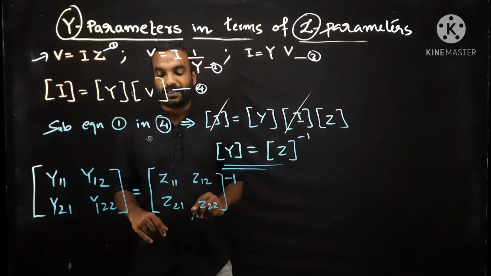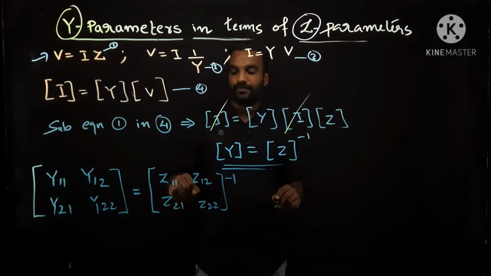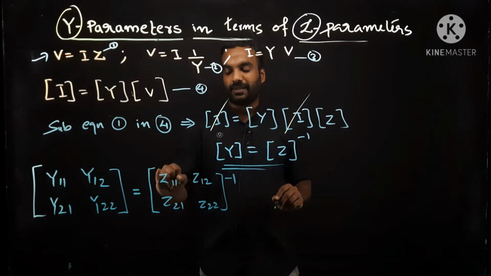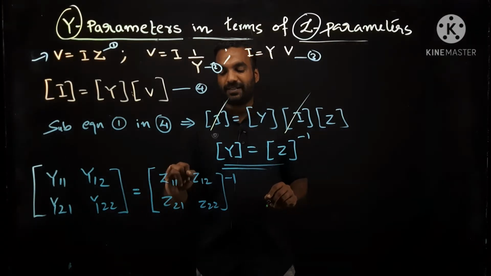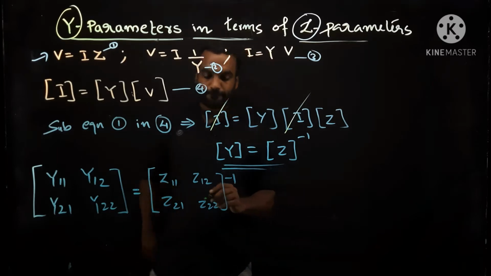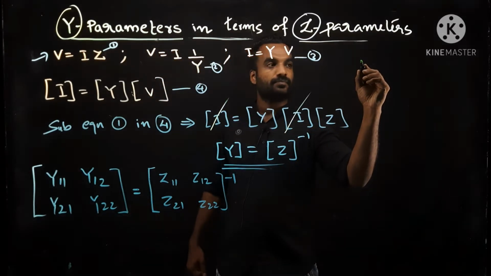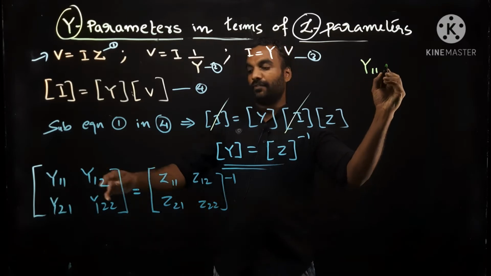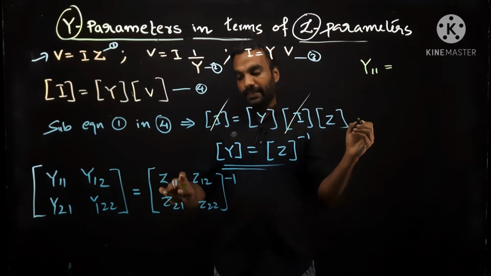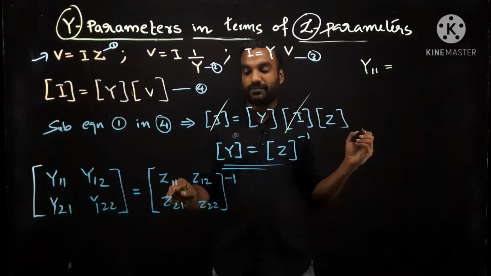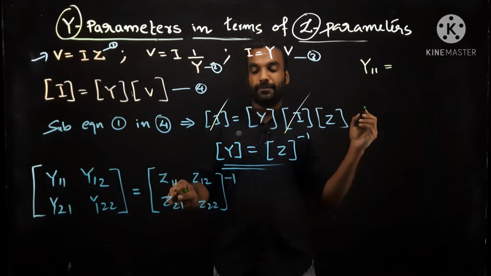So let me find the inverse matrix. What will be this element in the inverse matrix? Y11 will be this element in the inverse matrix. So I have to find the inverse matrix for this one.